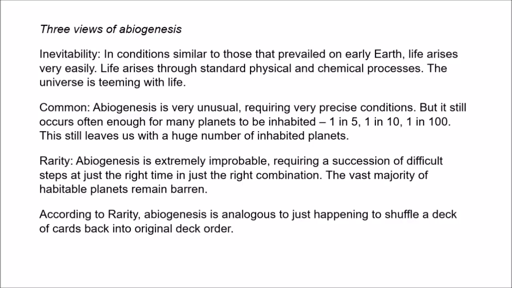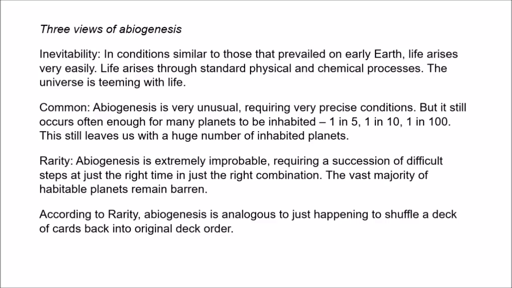But I think that's just a kind of pragmatic or methodological assumption, because if rarity is correct, if abiogenesis involved a bunch of highly improbable coincidences, then it's not really something we can investigate scientifically. So scientific research will just assume that there was a straightforward path to abiogenesis, and then they come up with hypotheses and have to hope that one of them is right. There's I guess a practical utility to making that assumption, but that doesn't mean that it's true.